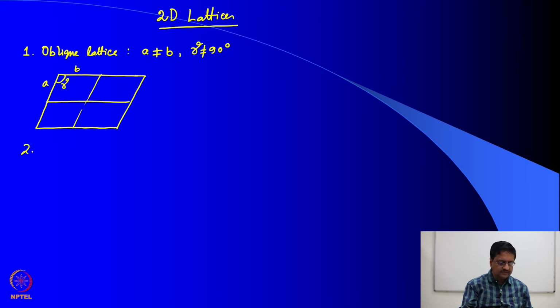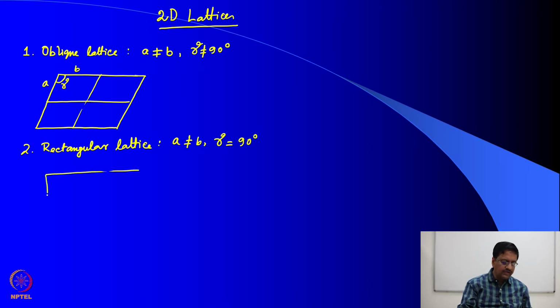The second one is a rectangular lattice, where A is not equal to B, but gamma is equal to 90 degrees. So here the rectangular lattice can be drawn like this.